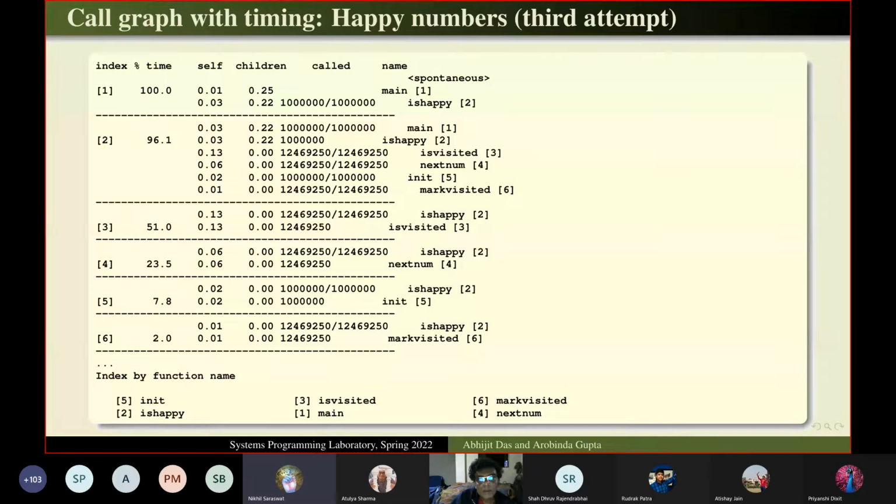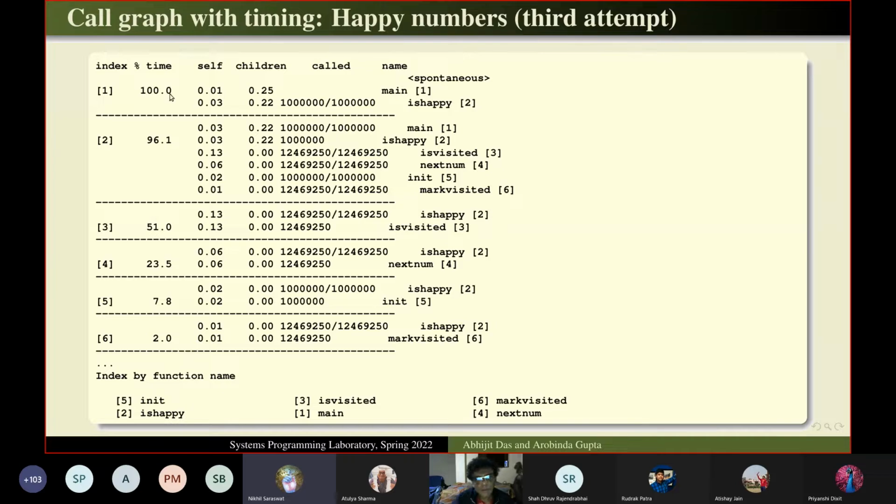Inside main, it was 0.01 second, and in function calls, it took something like 0.25 seconds. Total is 0.26, which accounts for 100% of the total running time. Something like that, possibly.